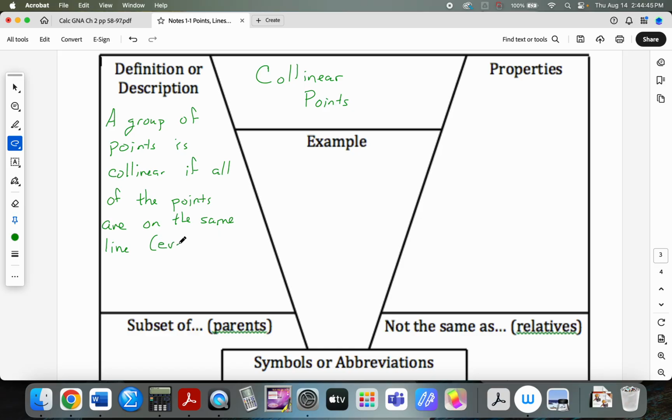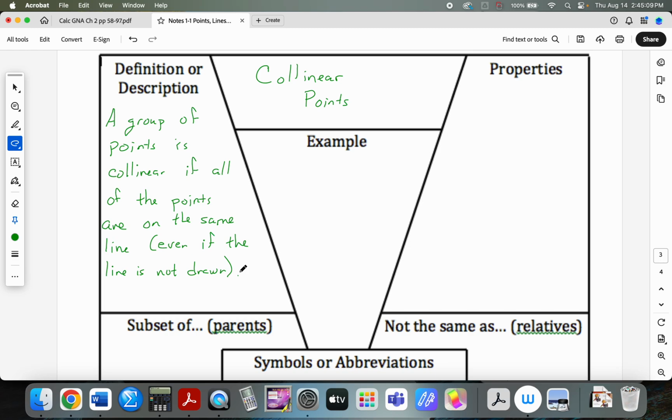And there's an important finisher to that, even if the line is not drawn. Even if no one took the time to draw the line in for us.